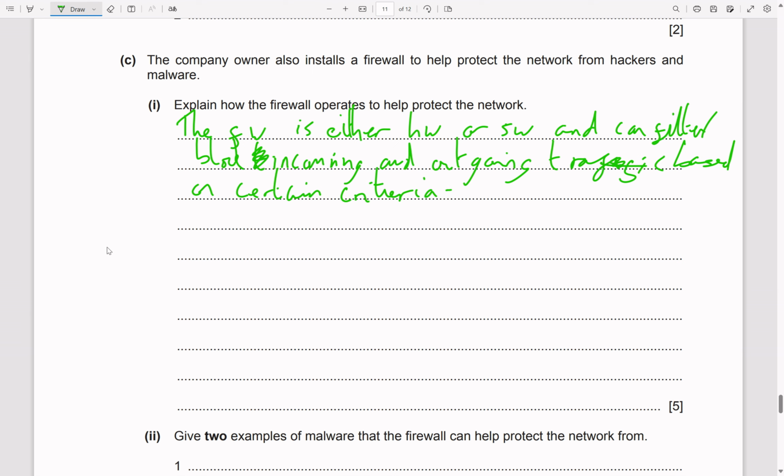For example, a whitelist or blacklist of IP addresses.